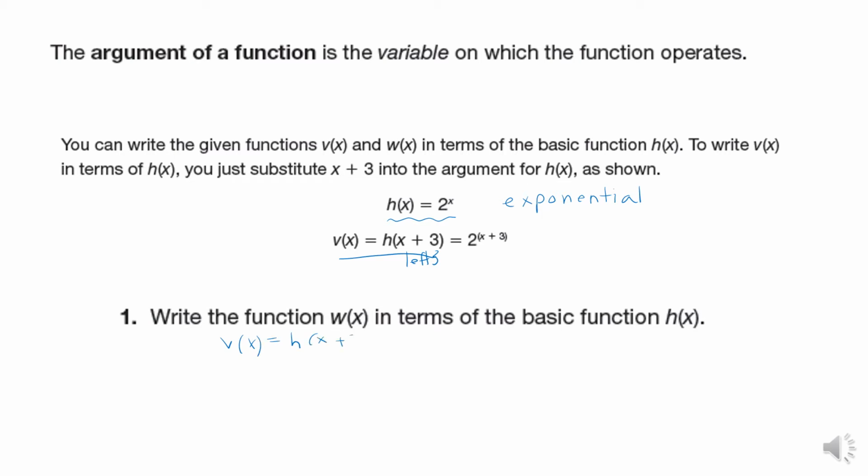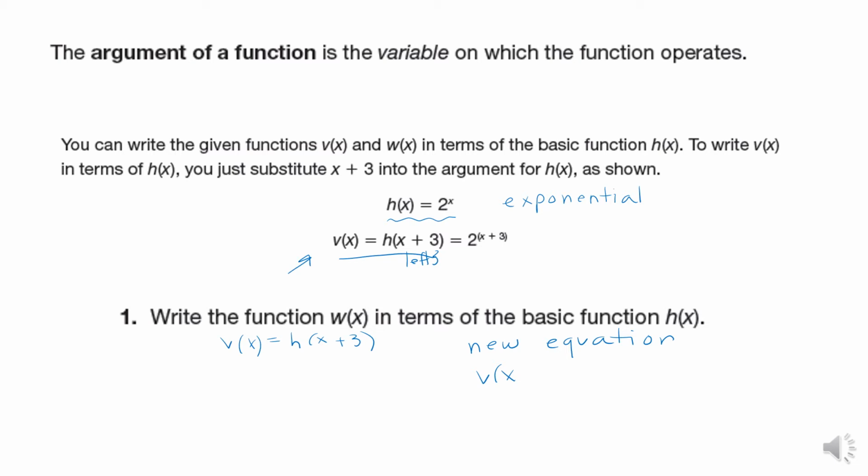Okay, now when I want to write the new equation, which is a whole different thing, I'm going to write my new equation, and my new equation already has a name. It's the w of x, well, actually the v of x, but we're going back up to here.